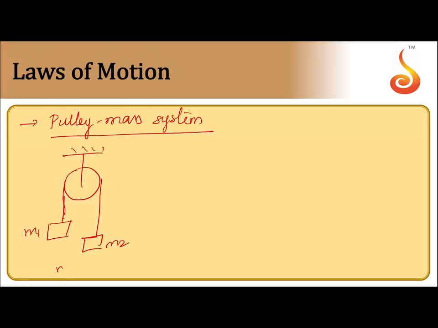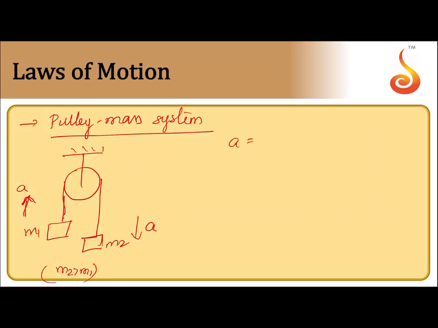Assuming that m2 is greater than m1, the system accelerates down along this direction, and this also accelerates up along this direction. Now, what are all the equations for motion?